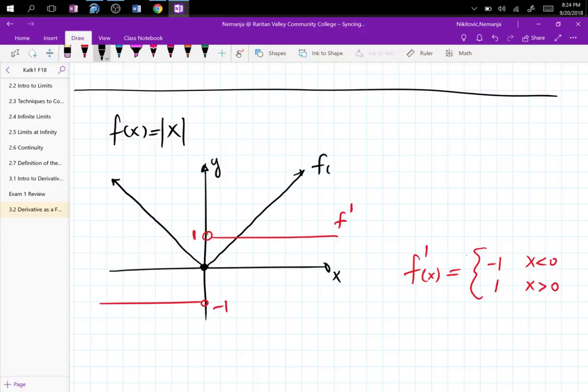This is my f of x. That point at 0 exists for the black function. It cannot exist for the red ones, because you can't have that value be +1 and -1 at the same time. That would ruin the function. We say that this function is not differentiable at 0.